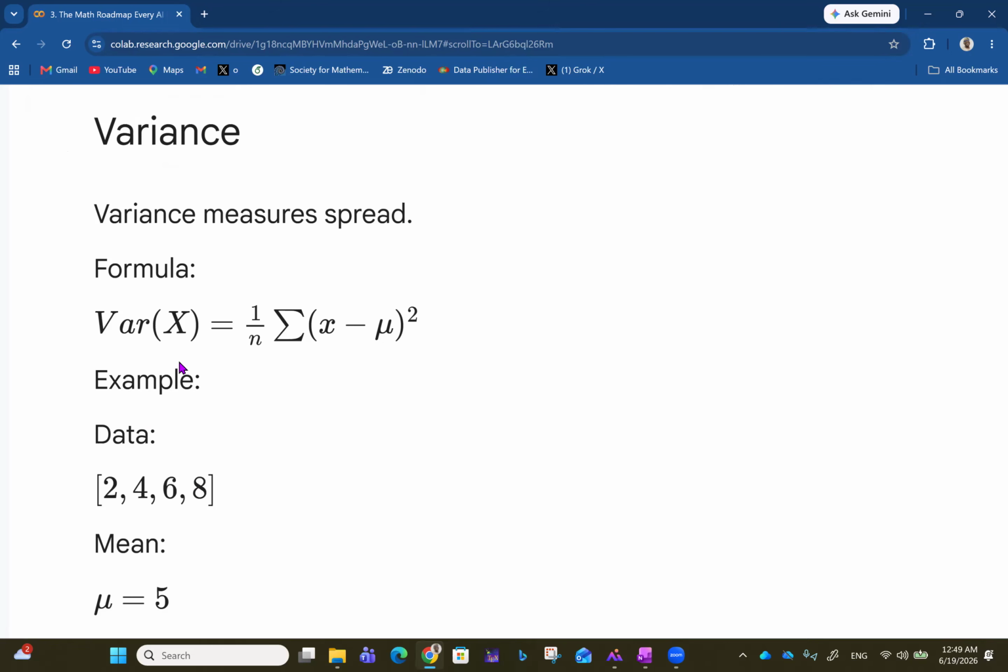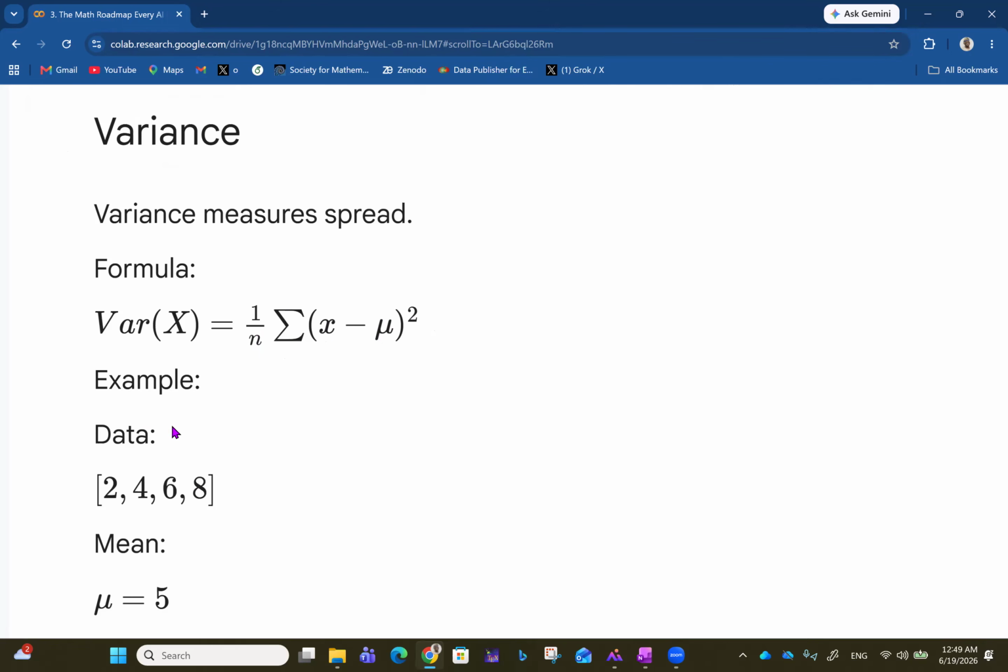By formula, the variance of x is equal to 1 over n times the summation of (x minus mu) squared. So find the difference between each data point and the mean, square it, sum them up, and divide whatever sum you get by n.